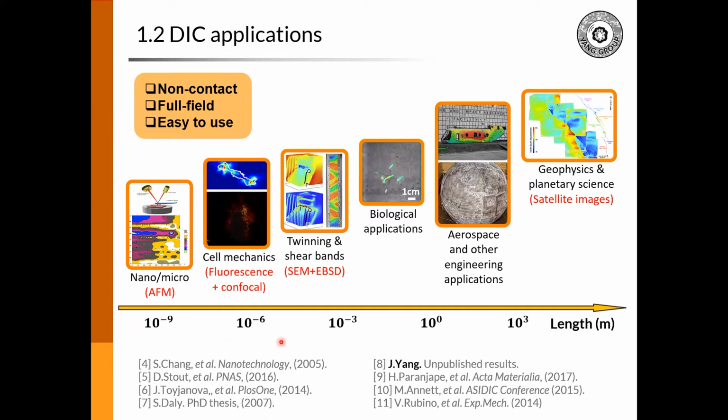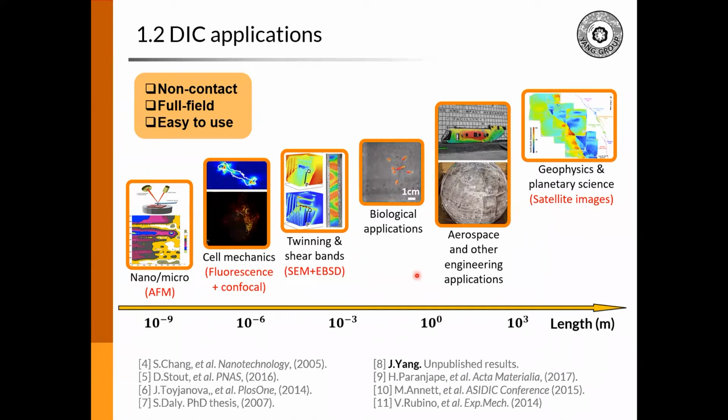You can measure cell mechanics deformations, and twinning or shear bands, because DIC gives you the full field information. Even if there is strain localization or shear bands, you can measure all of it quantitatively.